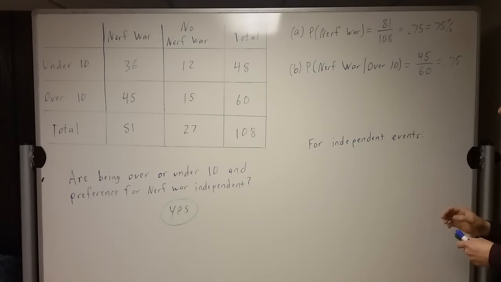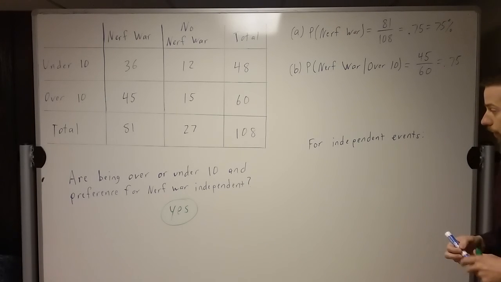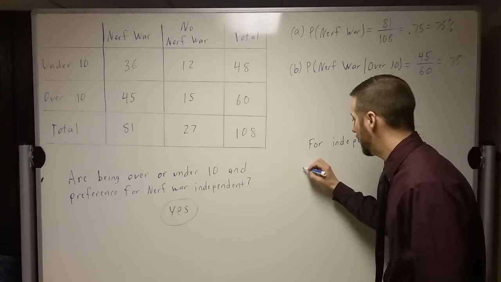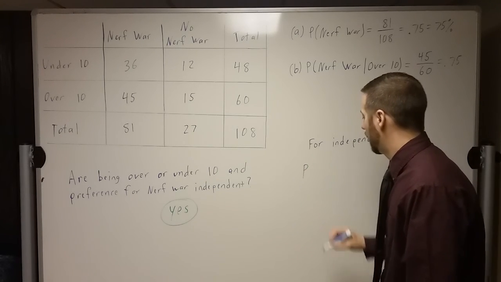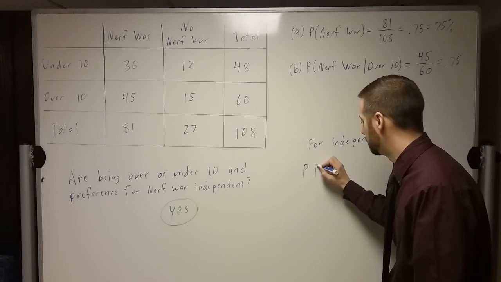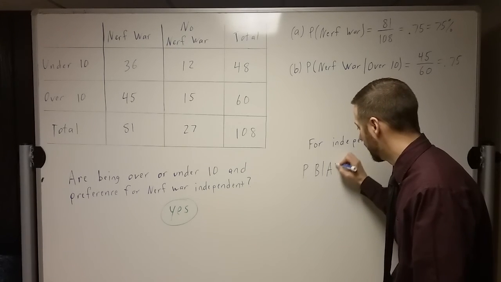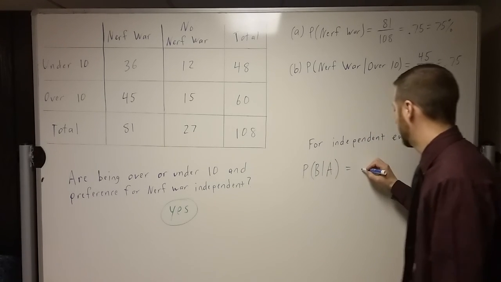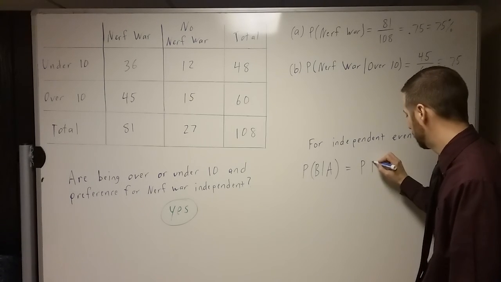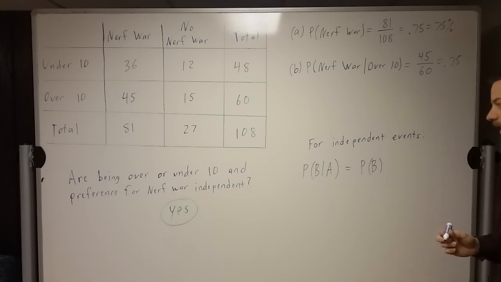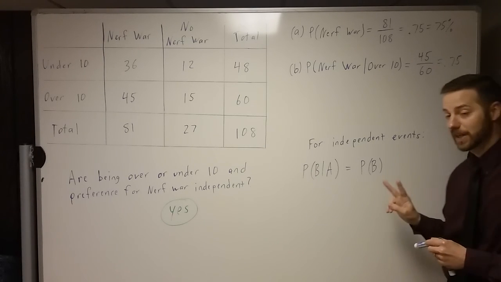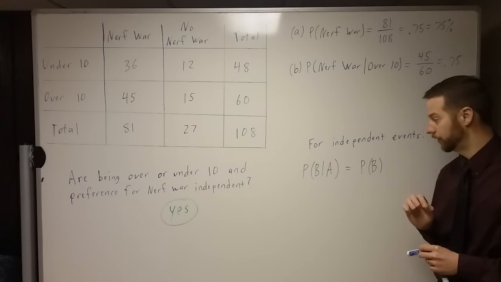So something we could get as a result of this, kind of like a formula that goes along with this. For independent events, A and B, the probability of B given A is just the probability of B. Now, I know there's a lot of symbols and stuff going on in that sense, but if we really break down what these things mean, this is a really sensible observation.